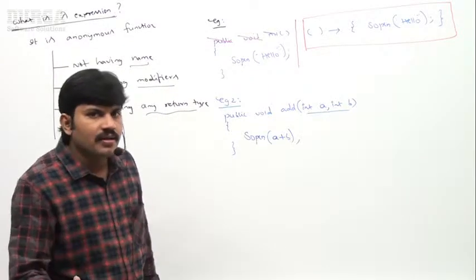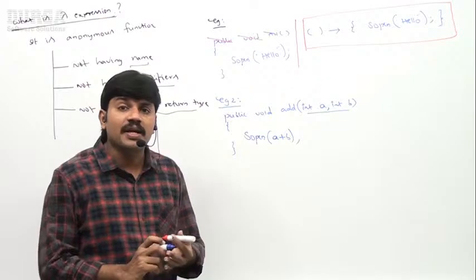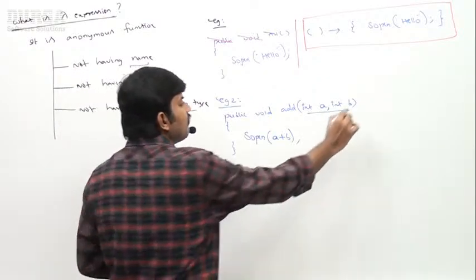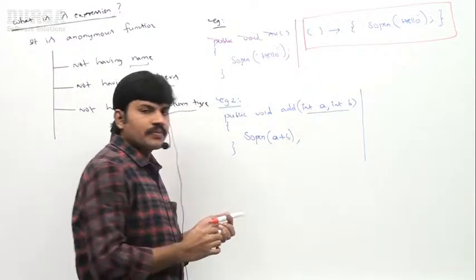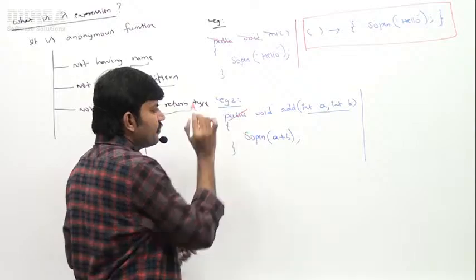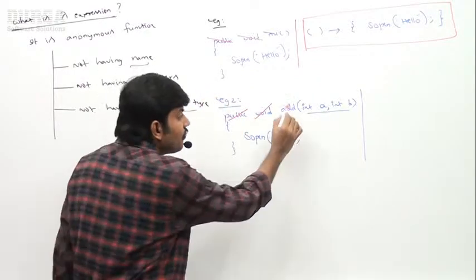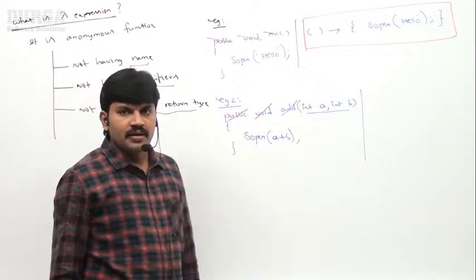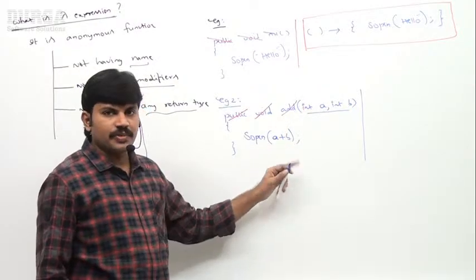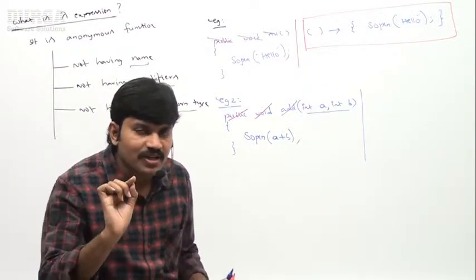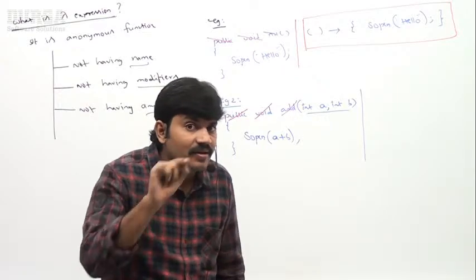Sir, can you tell how I can write the equivalent lambda expression? Very simple, sir. Remove the modifier, remove the return type, and remove the method name. The remaining itself is the lambda expression. Only one extra symbol you require to add. What is that symbol, sir? The arrow symbol.